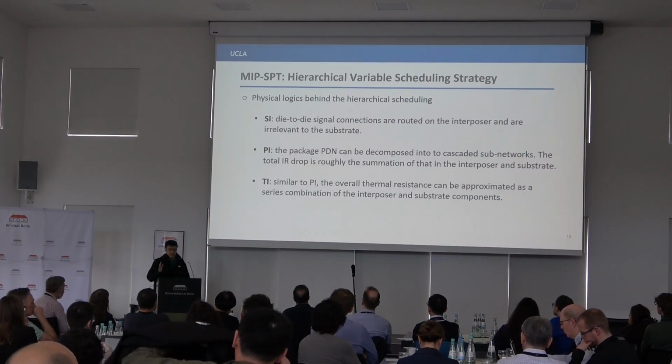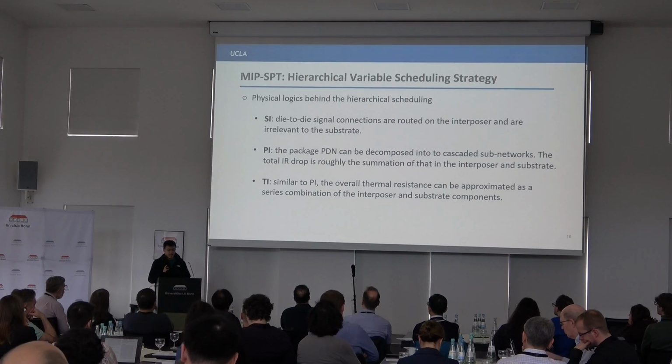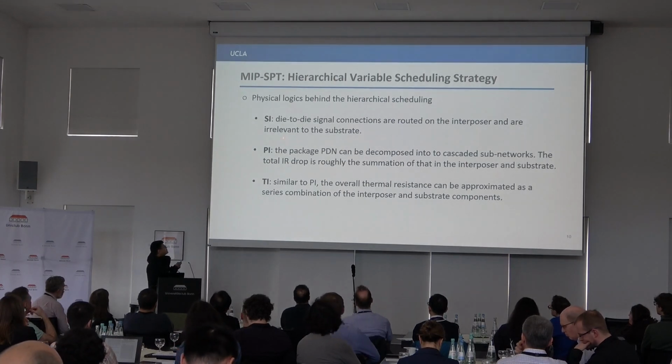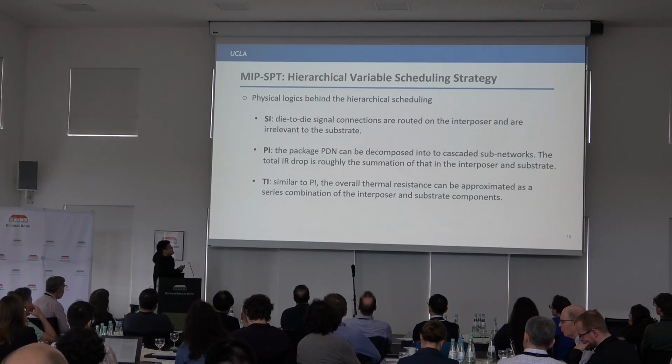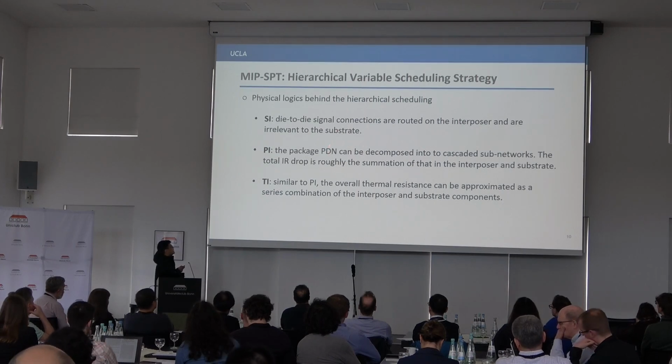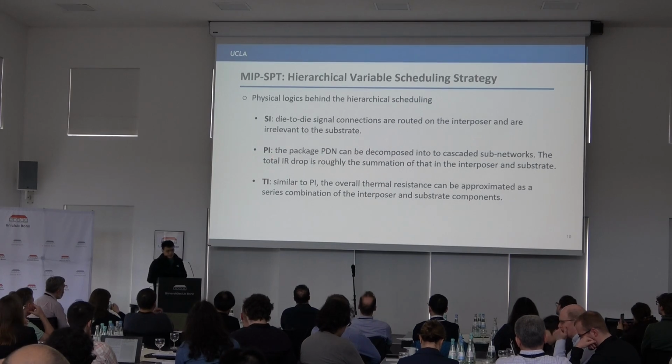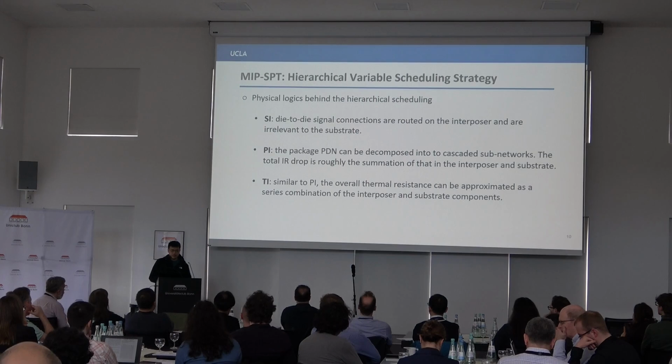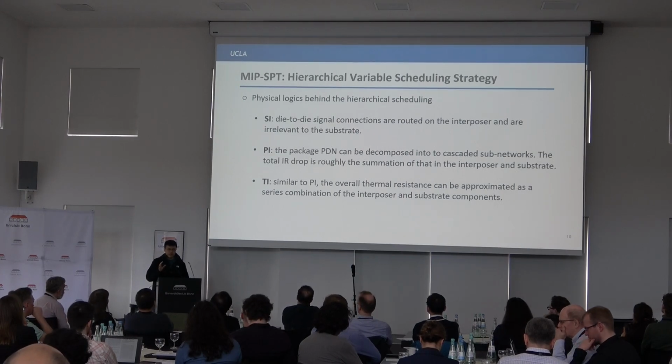So here is the physical logic behind our hierarchical scheduling. First, for SI, the die-to-die signal connections in chiplet integration are routed on the interposer and are mostly irrelevant to the substrate. And for PI, we can decompose the package PDN into two cascaded subnetworks, and the total IR drop is roughly the summation of that of the interposer and substrate.